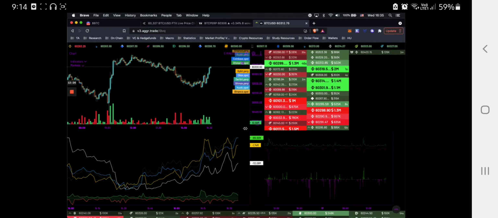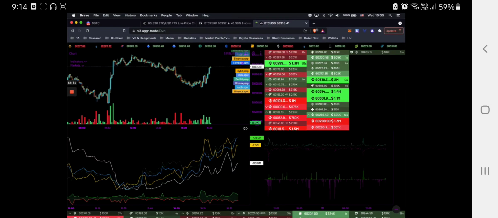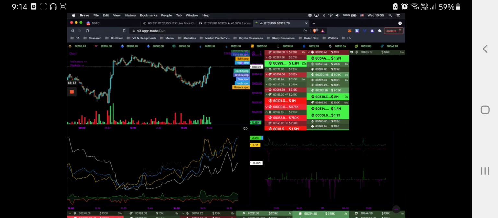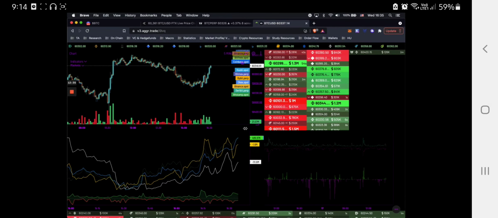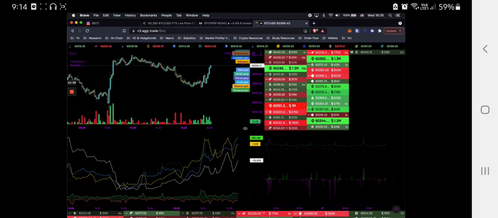But you have to understand that the market doesn't move based on the exchange that's trading the most volume. The market moves based on the exchange that's trading with the most aggression. Okay? A good example would be Coinbase and Binance.